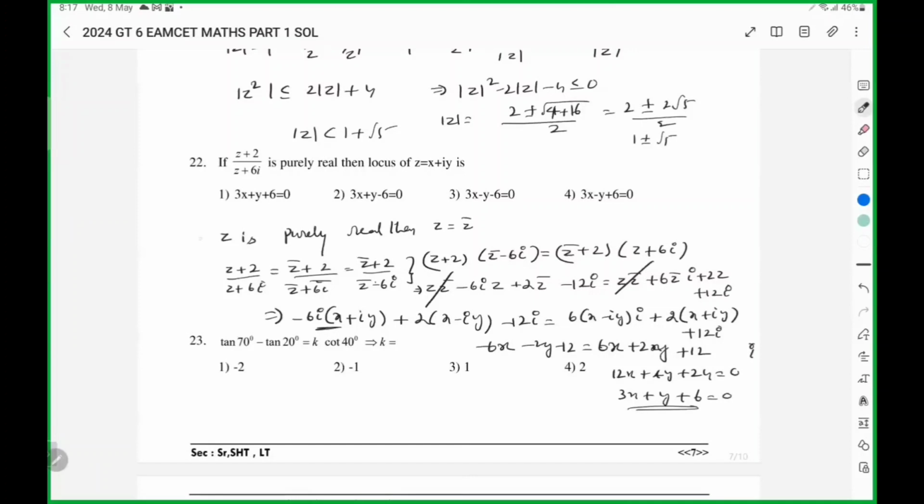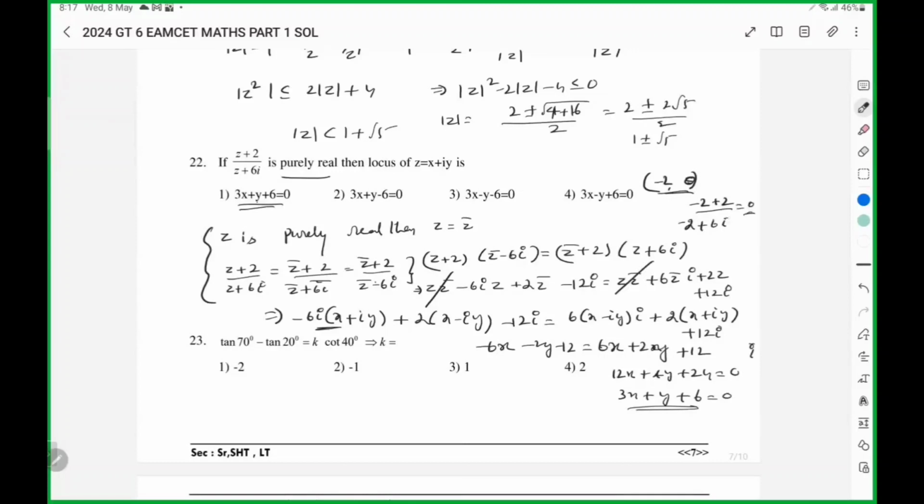So what is the better method I suggest instead of this? Take the option, purely real, he told. Right? You take any point on this line. For example, you choose minus 2 comma 0. That you substitute here: minus 2 plus 2 by z is minus 2 plus 6i.